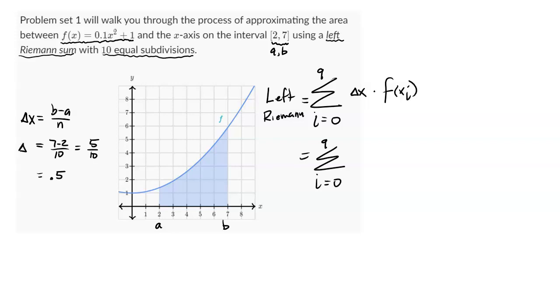There's absolutely nothing wrong with breaking down this problem and trying to find each thing on its own rather than feeling like you should just know how to do this problem off the top of your head. So delta x, take the time to go figure out how to find delta x separately because, if you need to, that's kind of why I tried to write down the little formulas. Okay, so delta x is 0.5.